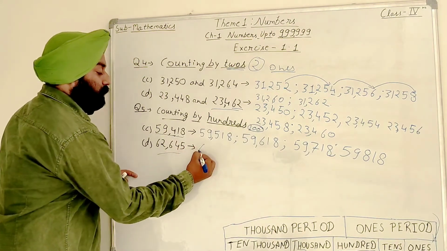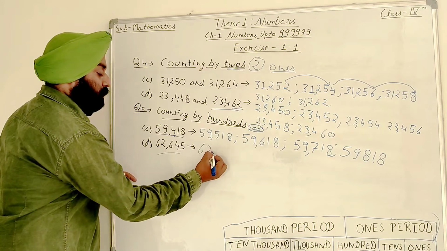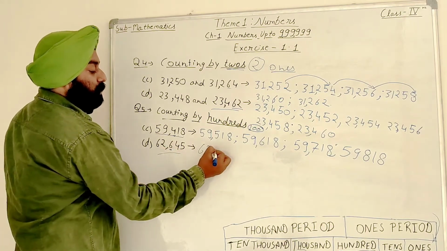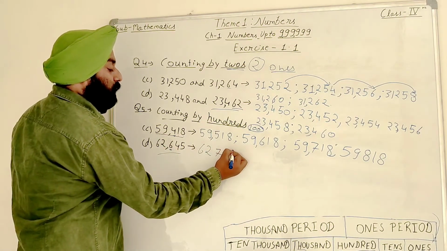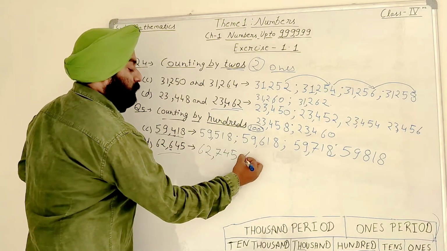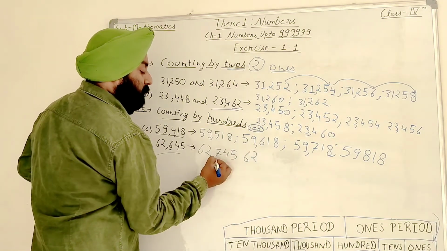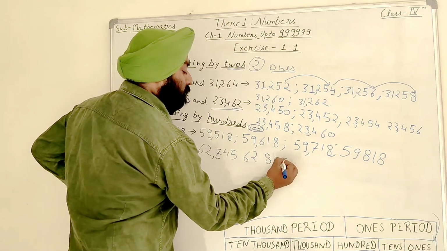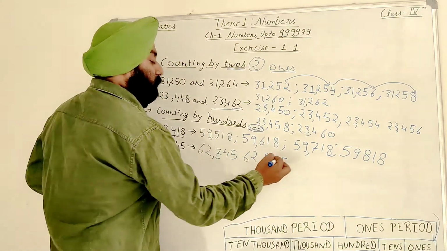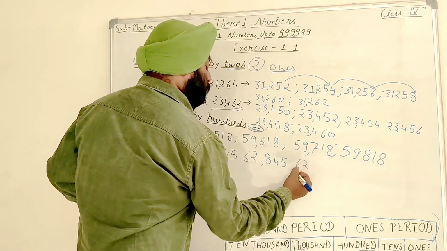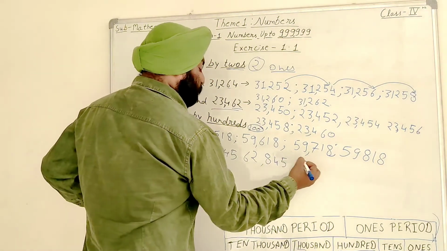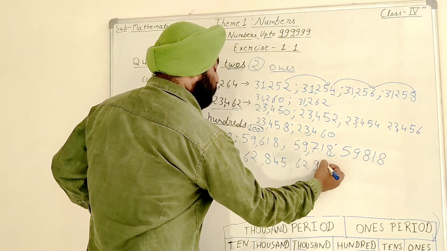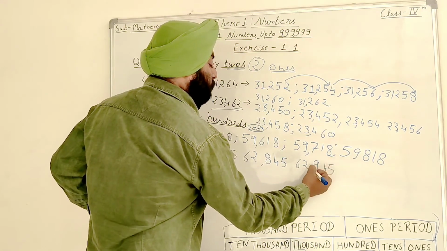Next question is 62,000. Then the hundred place is 6, so 62,645, then 62,700. After that 62,745, then 62,800, after 62,845, then 62,900.